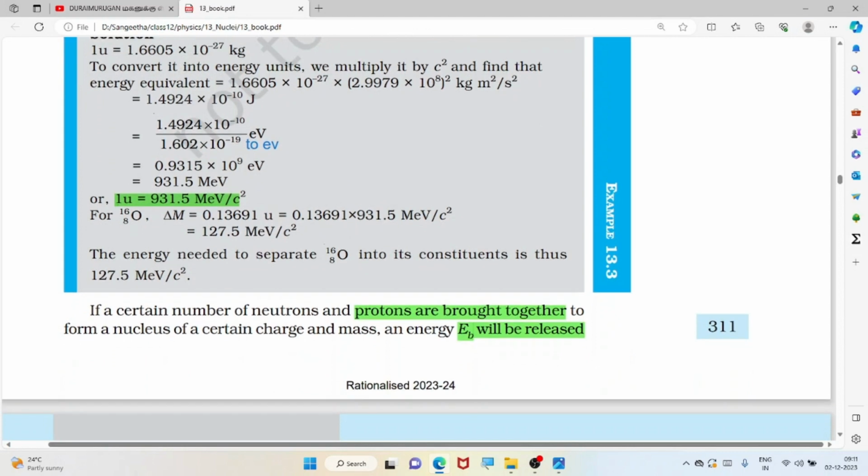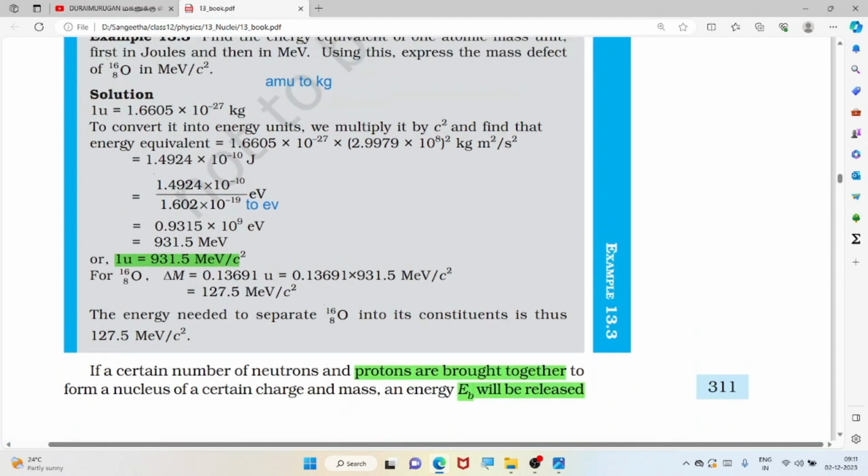To convert this, this many kgs, multiply delta m into c square, where c is the velocity of light, 3 into 10 power 8 meter per second, squared. Now this is in joules, we have to convert the joule into the electron volt.